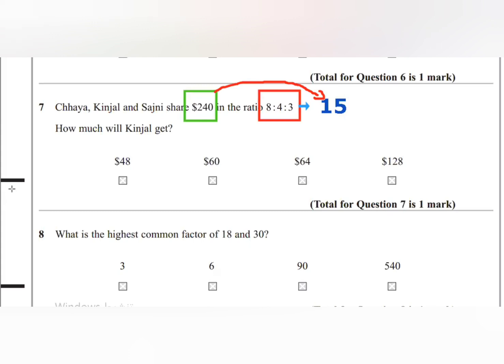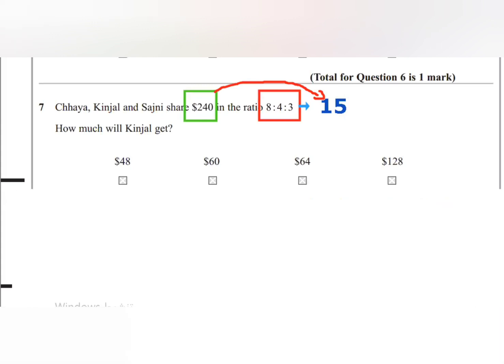I'm going to write here 240 divided by 15, and the answer is 16. What is 16? 16 is the secret number, or the money for one ratio. So each one ratio here, not the 8, only one of the 8, equals 16.